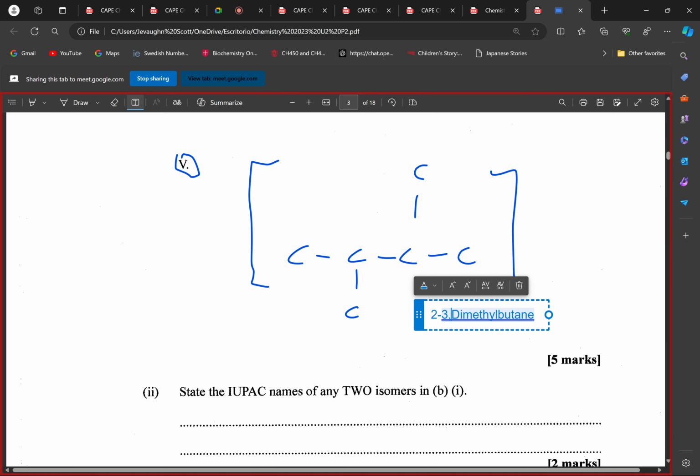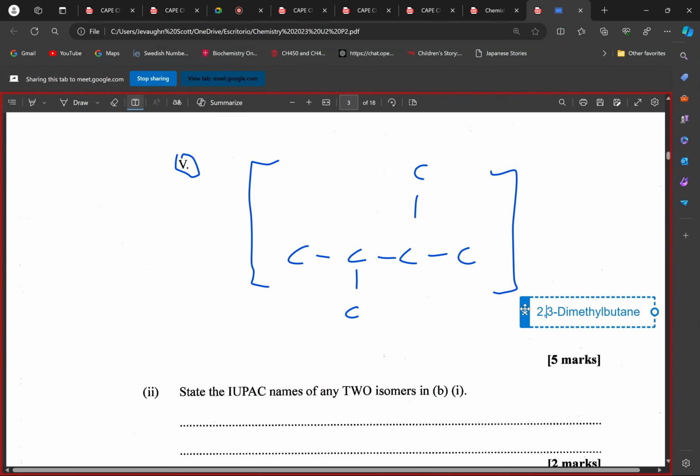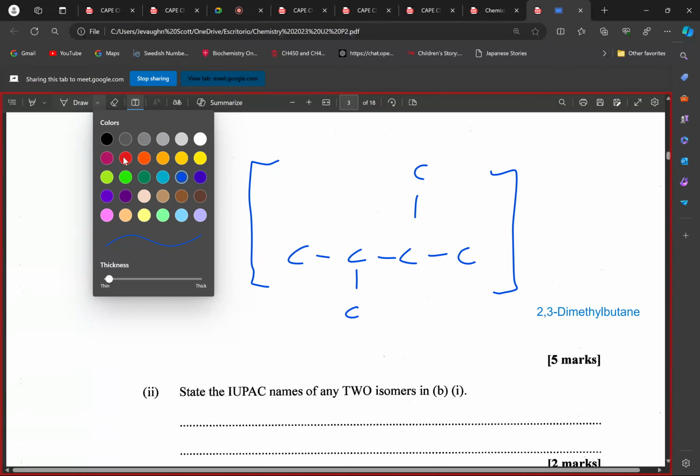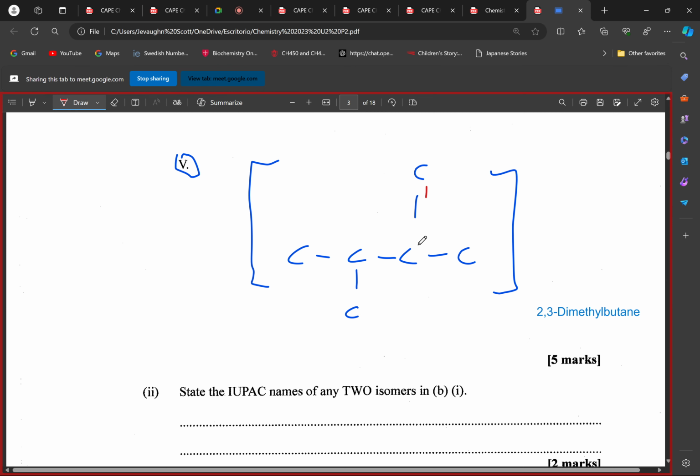Alright, so first of all, we're going to have a hyphen here and we're going to change this to a comma. Okay, so what's our issue with this now? Let's go by the rules. The rules say we must identify the longest carbon chain. The largest carbon chain, any direction you take it, is going to be 4, right? 3, 4, right?